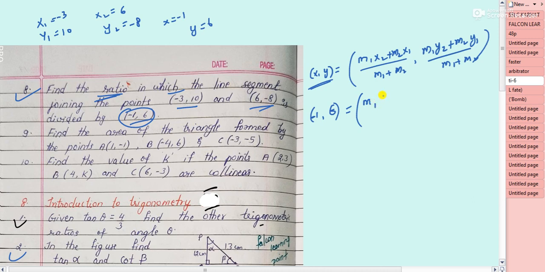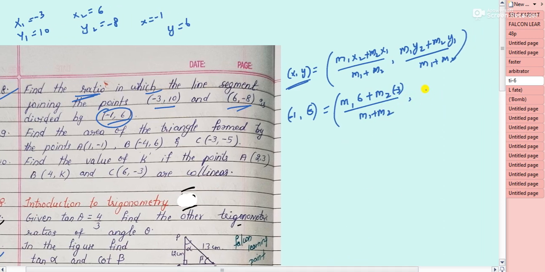And x2 is 6 plus m2, x1 is minus 3 divided by m1 plus m2, we don't know the value, so I will write it as it is, comma, again substitute m1. What is y2? y2 is minus 8 here. Then m2, again we don't know, but y1 is 10 divided by again m1 plus m2.